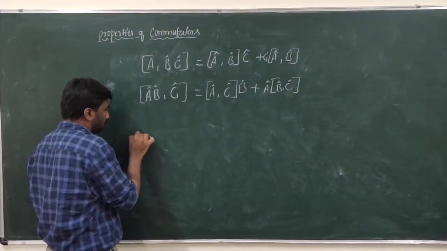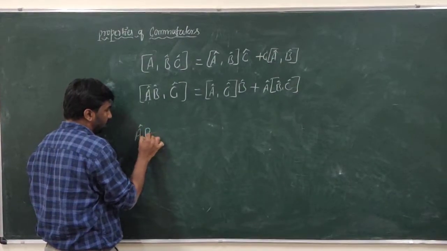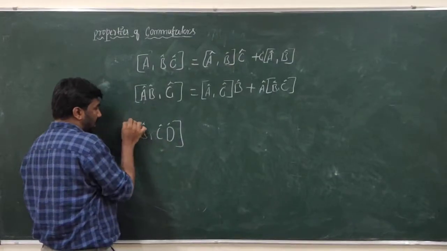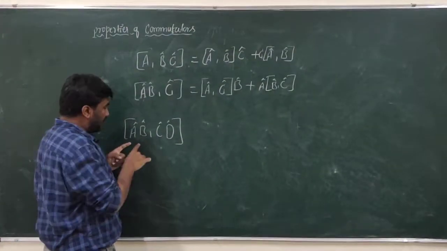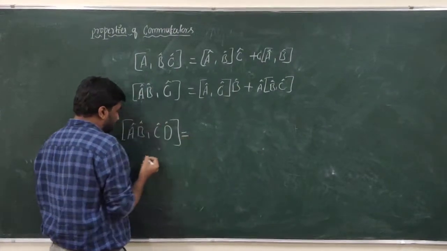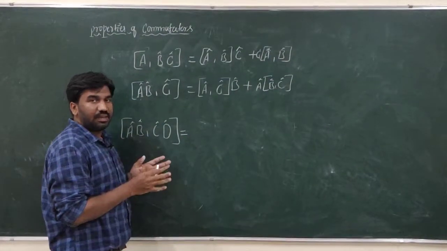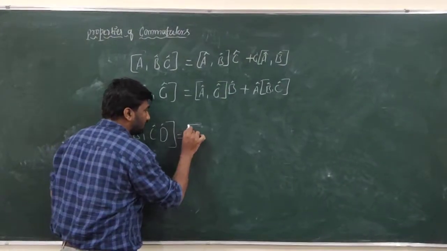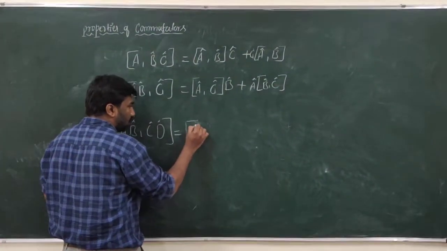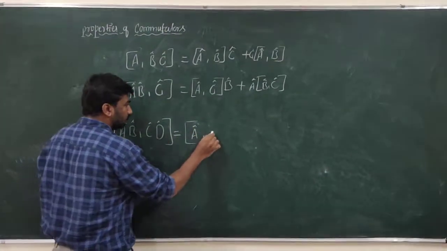If suppose the commutation relation is like this, ABCD, the commutator bracket has the operators like this, [AB, CD]. So then we have to write, here also order is very important. So first I will start with [A, C].